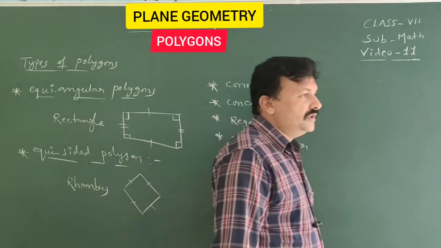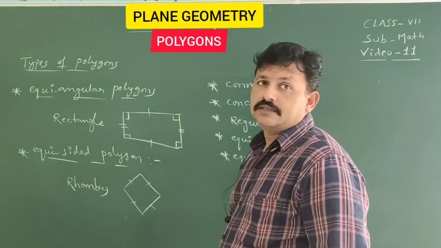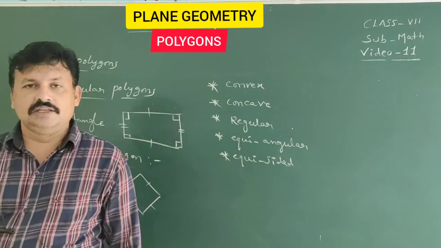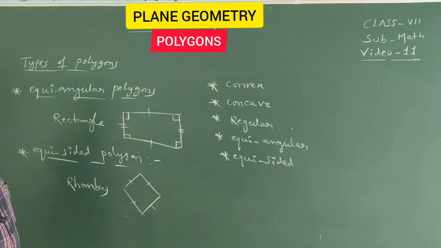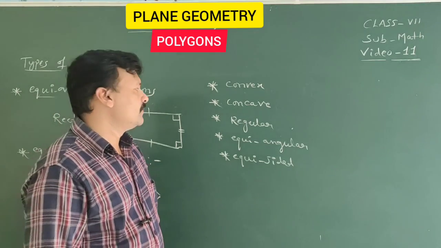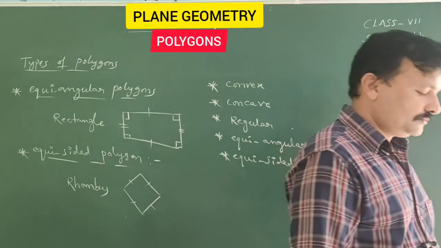Okay, in this video, we learned rectilinear figures, curvilinear figures, closed figures, simple closed figures. Rectilinear figures are nothing but polygons. Naming the polygon according to the number of sides and types of polygons.